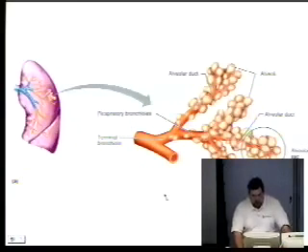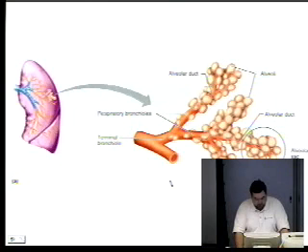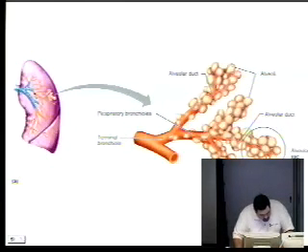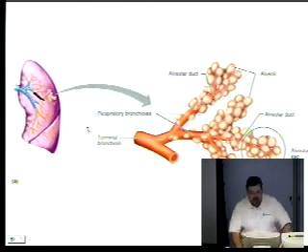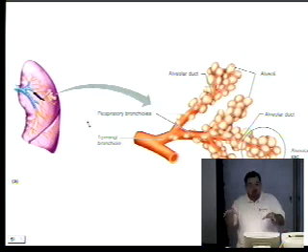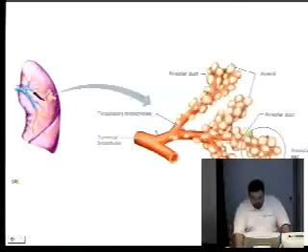Okay, here we see a slightly larger scale picture of the alveoli. And so you have the terminal bronchiole, which in the larger figure would be about right here. And then that branches off, and on the smaller respiratory bronchiole branches is where you have the alveoli.